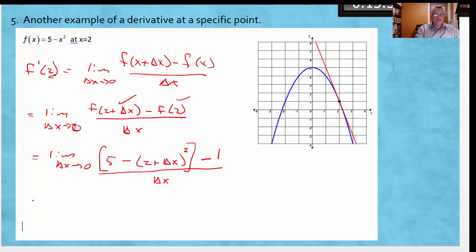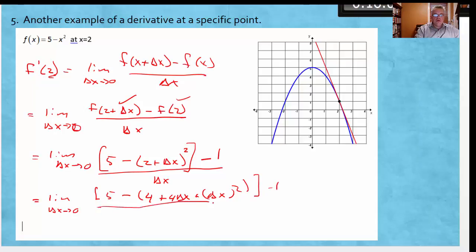We know this is going to be painful for a second. So this is the limit as delta x goes to 0 of 5 minus, here we go, 2 squared is 4, plus 4 delta x plus delta x squared. That's what we get when we square this out. Minus 1 all over delta x.